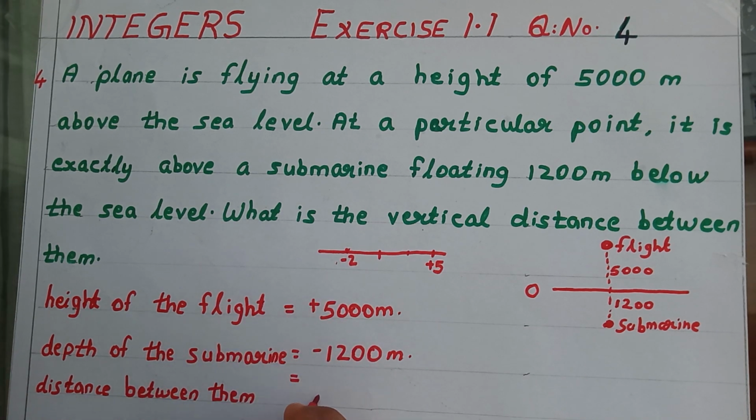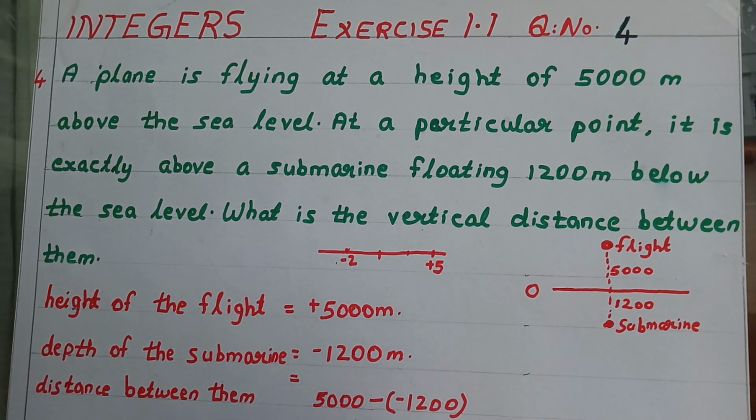Like that, 5,000 minus of minus 1,200. Since it is subtraction, we should change it into addition and take the additive inverse of the second number.